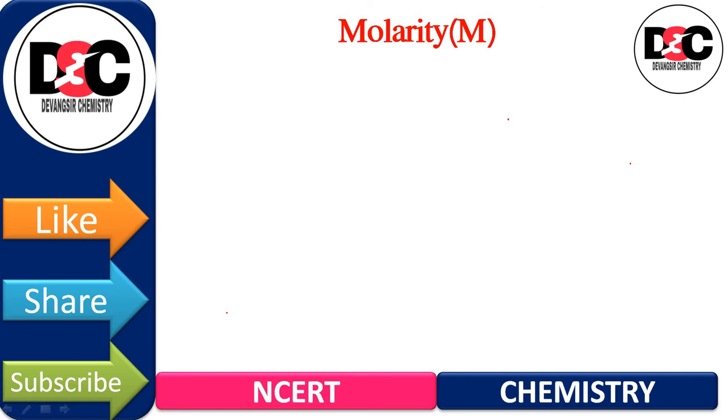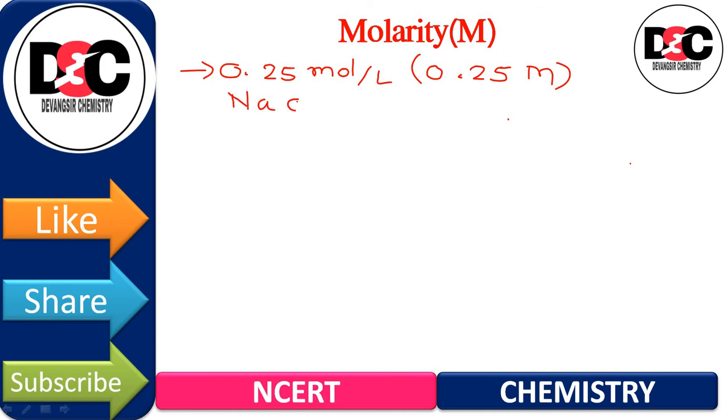Now the example I can give, that is 0.25 mole per liter, or I can write it 0.25 molar solution of NaOH. What does it mean? Solution of NaOH, that is sodium hydroxide.